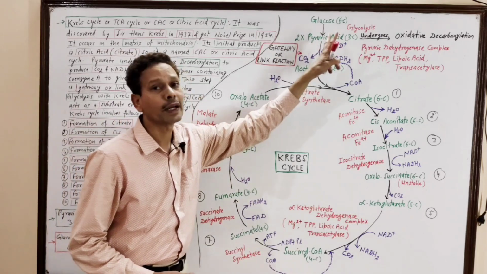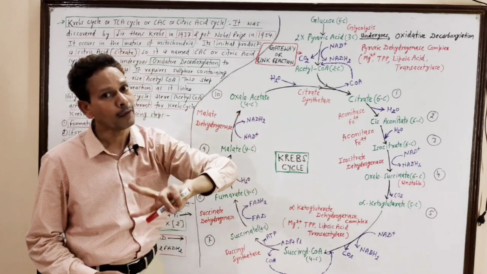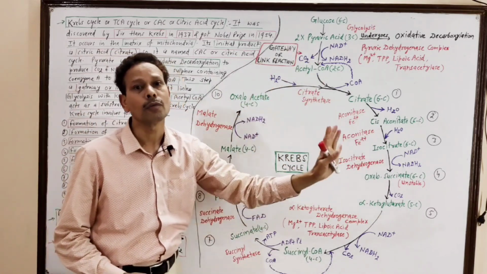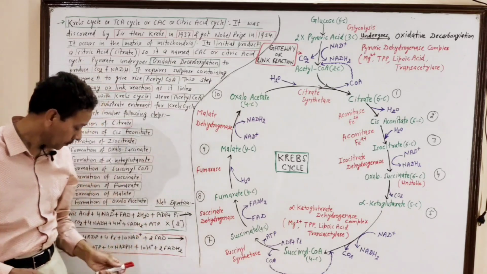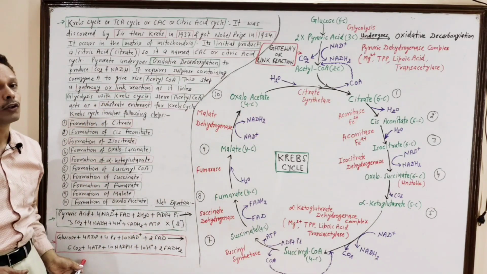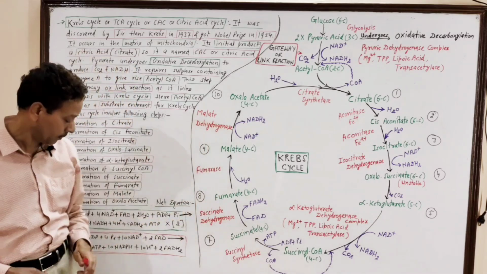As 2 pyruvic acid means 3 CO2 from 1 pyruvic acid and 3 CO2 molecules from the second pyruvic acid. Total 6 CO2 molecules are produced from 1 glucose molecule.